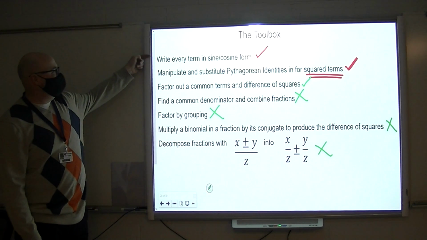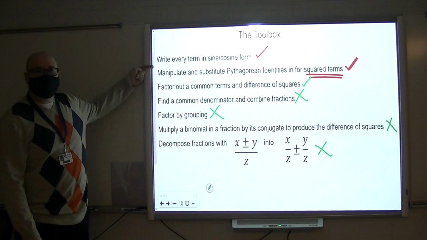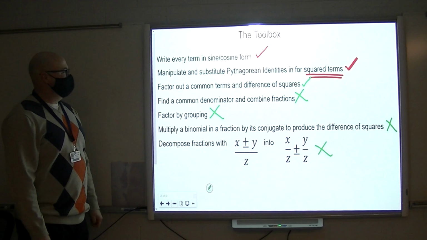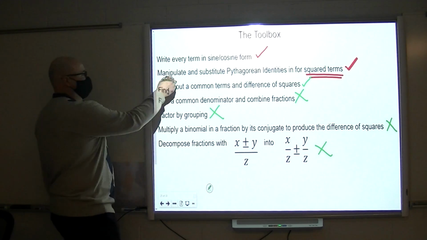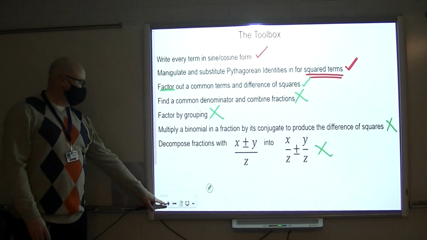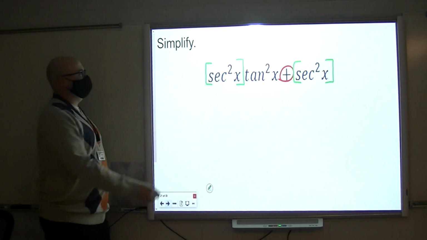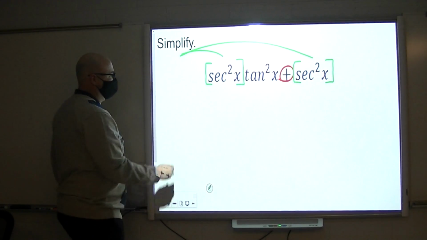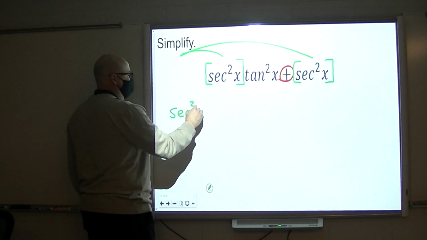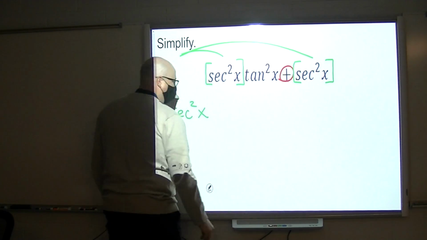manipulating squared terms, of the 3 that could be used, let's do this one, because we haven't done that one too much. We've done this quite a bit. And we can talk about 2 ways to do it, but let's factor out this common term, this secant squared x. Let's pull that all the way out to the front and look at what that leaves us with.